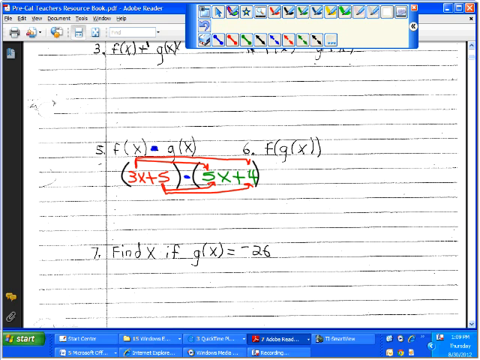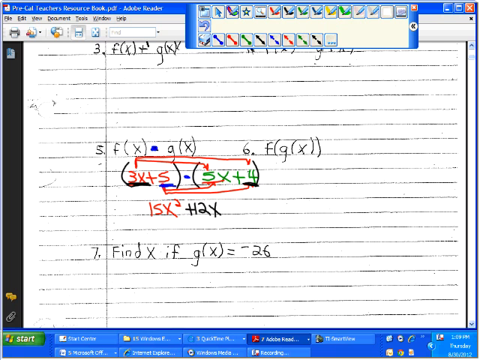I did it a little different in Algebra 1, but anyway, 3x times 5x is 15 what? X squared. When you multiply with like bases, you add the exponents. And then we've got the 3x times the 4, which is 12x.